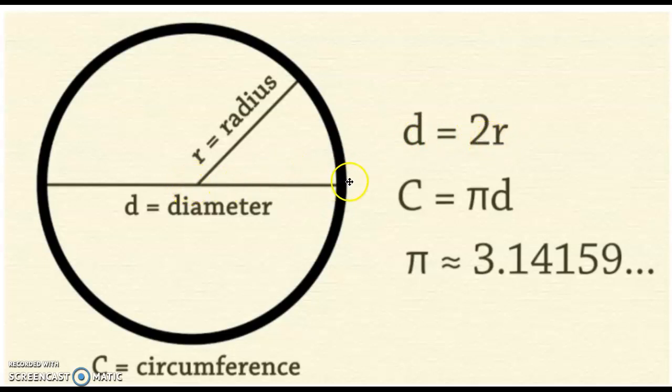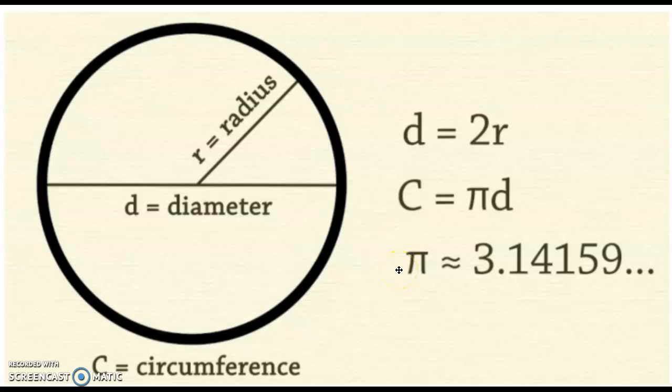So if we have the radius and then another radius put together, that's equal to the diameter. So that's 2 times the radius. This middle line here is our second formula for circumference. If we know the diameter, oftentimes we write our formula as C for circumference is equal to pi times diameter.